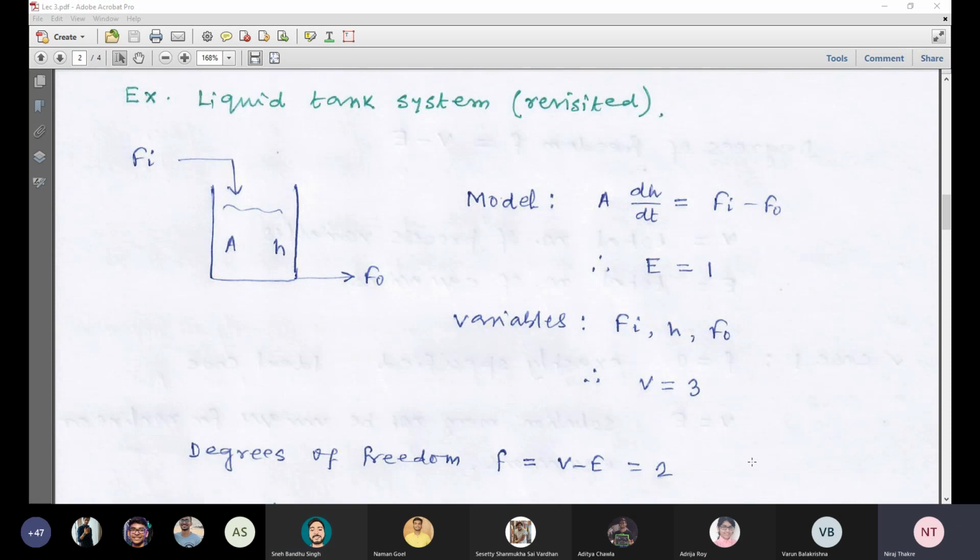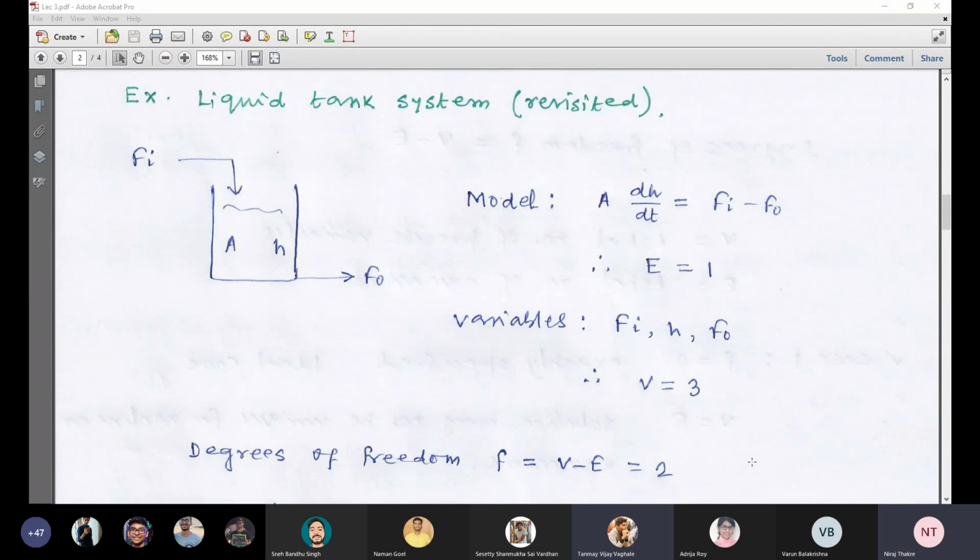Two. The question is now how you can make it 0. Anyone? Any answer? So we can measure Fi and Fo so that they will come under the measured load variables. Which one is a load variable? Fi.